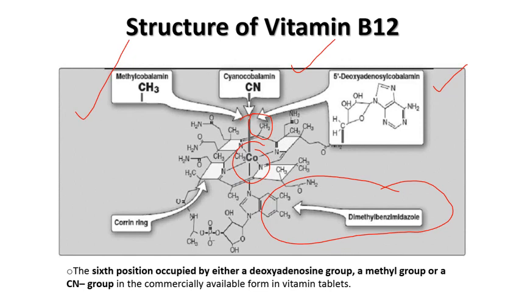So overall cobalamin exists in 3 forms that differ in the nature of the chemical group attached to the sixth position of the cobalt.